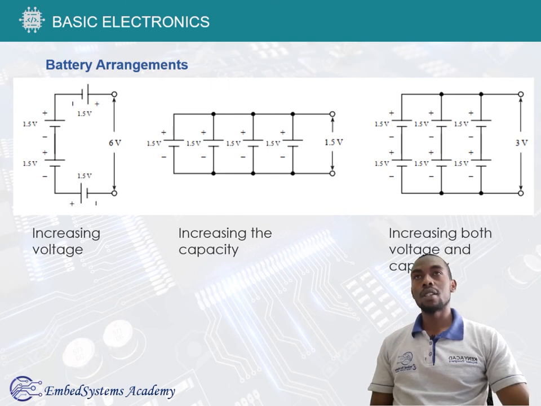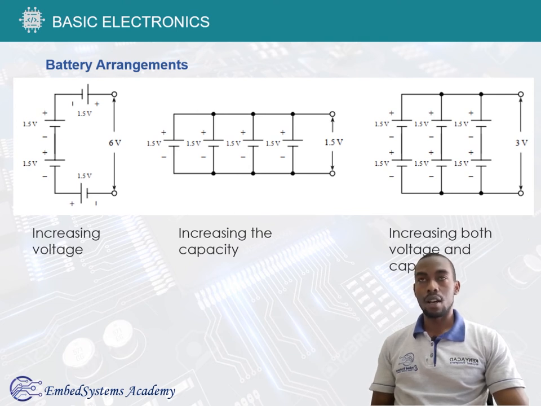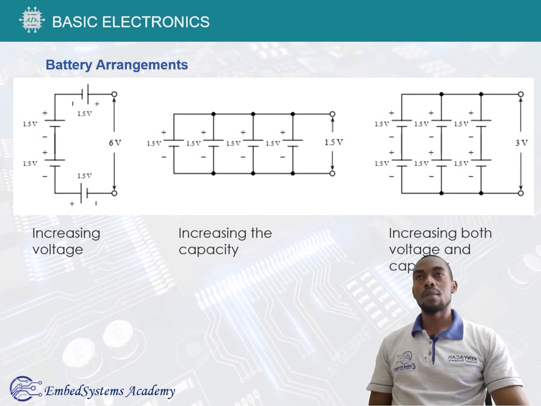By series, we mean you connect the negative terminal to the positive terminal of the next cell, in that sequence. For example, if we have 4 batteries connected in series, as shown in this diagram, we will obtain a 6 volt battery. So when these cells are connected in series, we have an increased voltage.